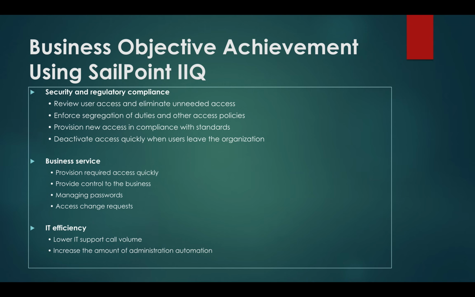This slide basically describes the business achievements that we're going to get using SailPoint IdentityIQ. The basic advantages the business will get are that it increases security and regulatory compliance, and it also provides business services: it provides control to the business, it helps with password management and access request chains, it reduces IT support call volume, and increases the amount of administration automation, such that it increases IT efficiency in an enterprise.